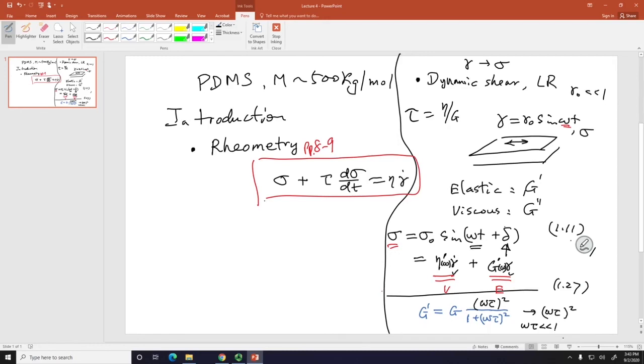This is a whole set of discussion that merely shows you that the Maxwell model can tell you what G prime looks like. And eta prime is nothing but so-called G double prime over omega.